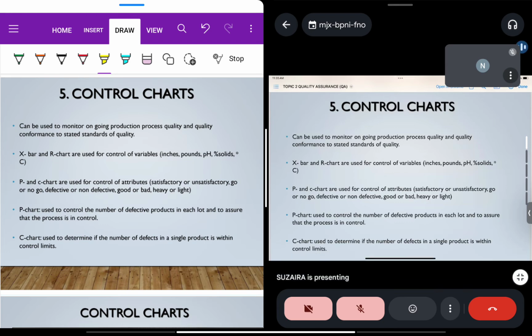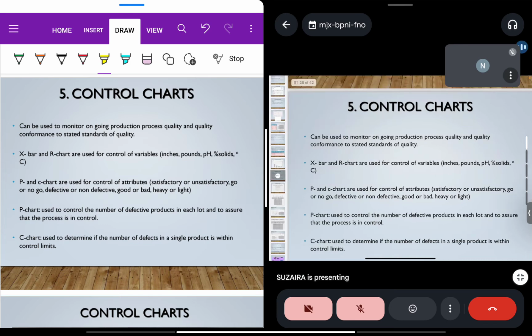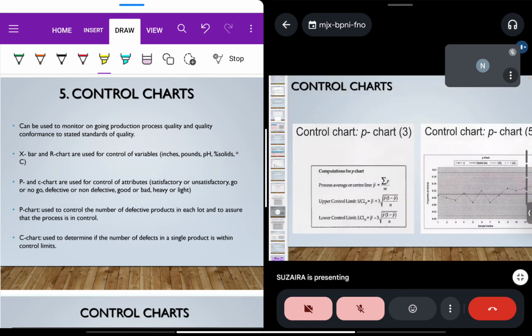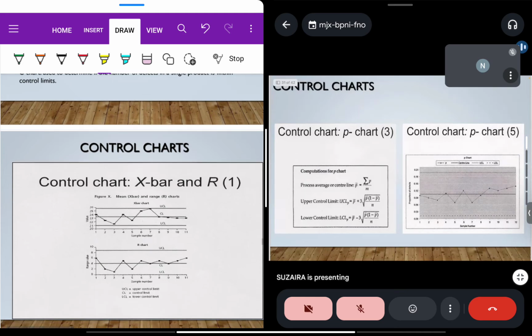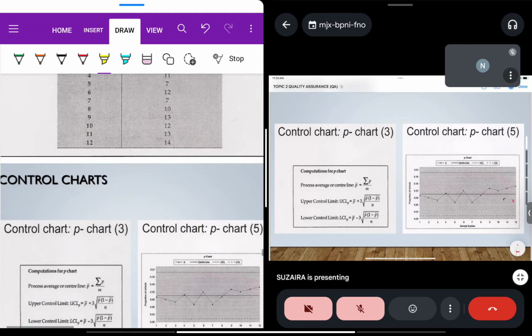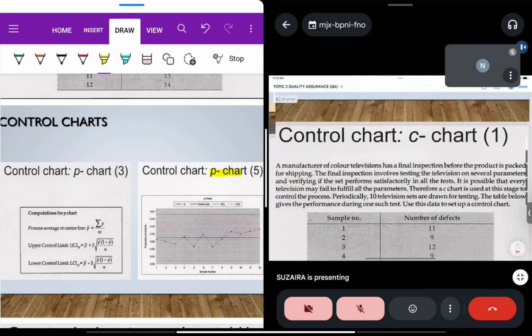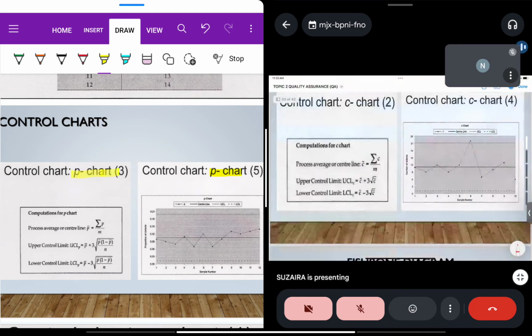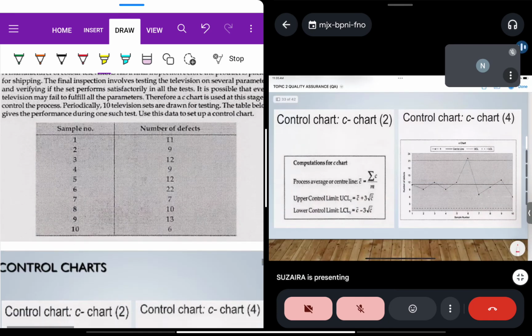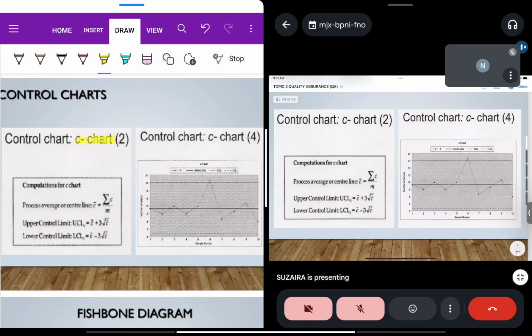This is more or less what a control chart looks like. This one is the P chart, and we also have a C chart. They look the same, but of course you have different equations to calculate the P, C, R and X charts.